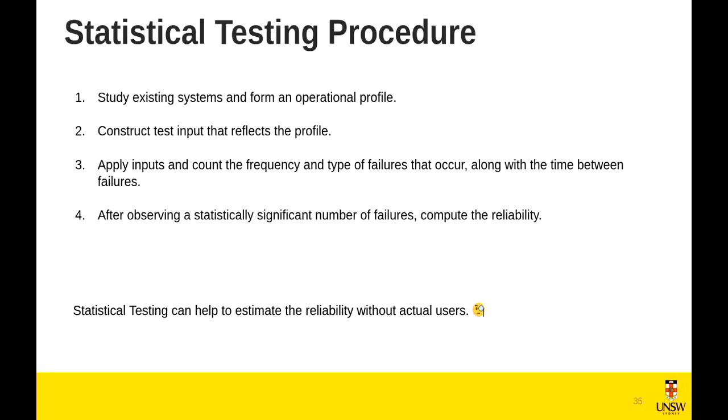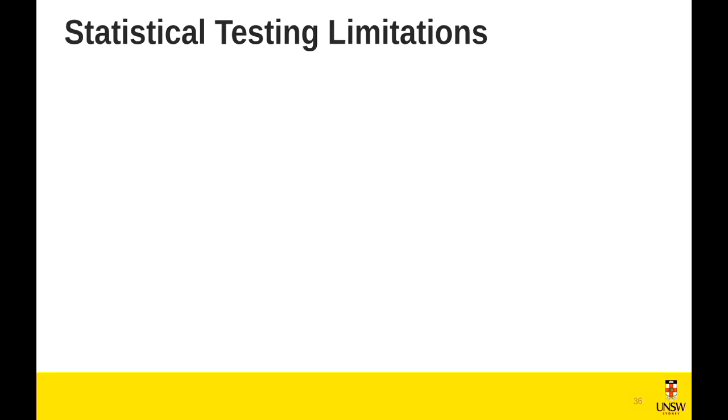So the key thing here, you just need to take note, is that statistical testing can help to estimate the reliability without actual users. However, like many other testing techniques, statistical testing also has limitations.